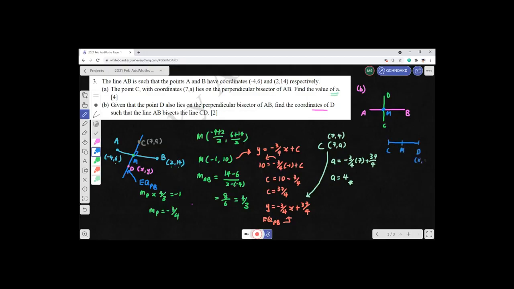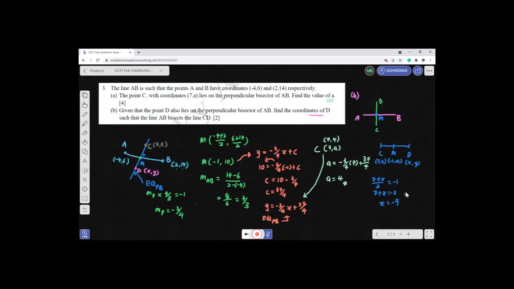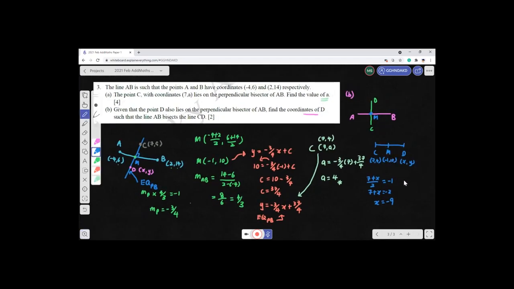Given your D you do not know, and your midpoint you already know, which is -1, 10, and C is 7, 4. So in order to find the D, 7 plus x divide 2 equal to -1. 7 plus x equal to -2. X equal to -9. Okay, same goes to the y. 4 plus y divide 2 equal to 10. 4 plus y equal to 20.